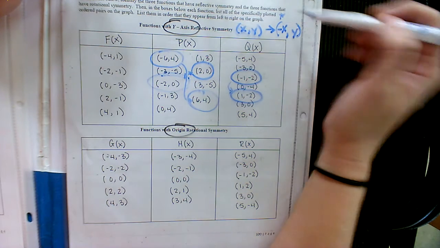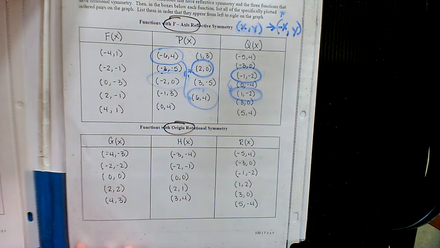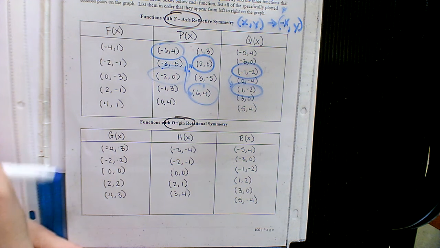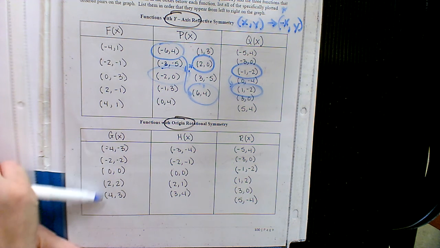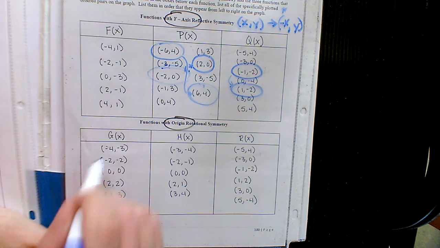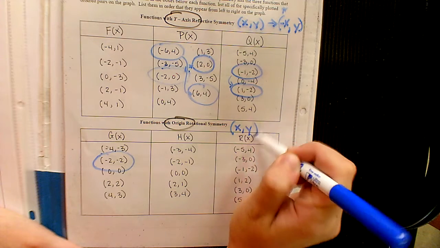Hopefully this looks familiar, because this was a special point we used when we were testing symmetries, going through all four possibilities. What about for the origin values? Robbie, can you pick one for us from the G of x column? -2, -2. All right, so Robbie picked some beginning point.